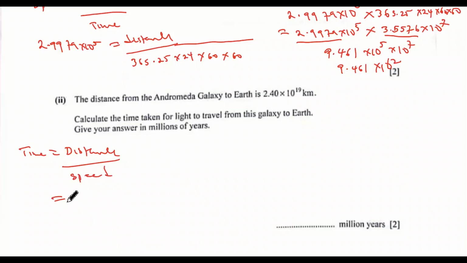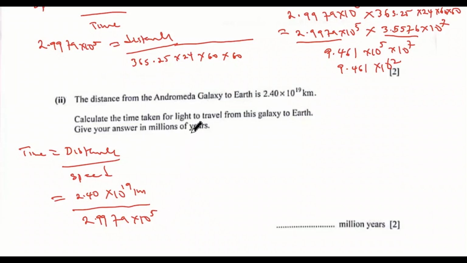So the distance is 2.40 times 10 to the power of 19 kilometers, divided by the speed. Already we know that the speed is 2.9979 times 10 to the power of 5 kilometers per second.